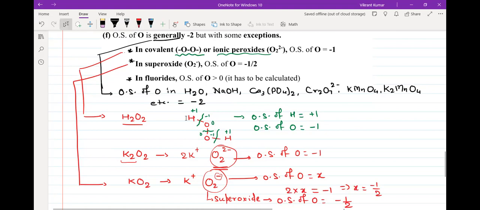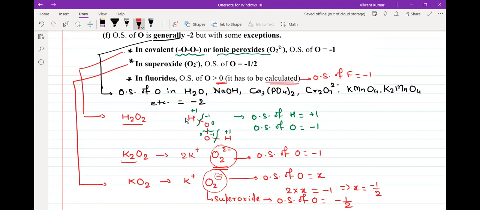Now, if I am talking about fluorides, already I told you that fluorine will always be getting -1. So based on that, we can calculate the oxidation state of oxygen. And whenever oxygen will be bonded with fluorine, because fluorine is more electronegative, oxygen will start getting plus oxidation state. है ना? Oxygen will have positive oxidation state, and we need to calculate by taking oxidation state of fluorine equals -1.